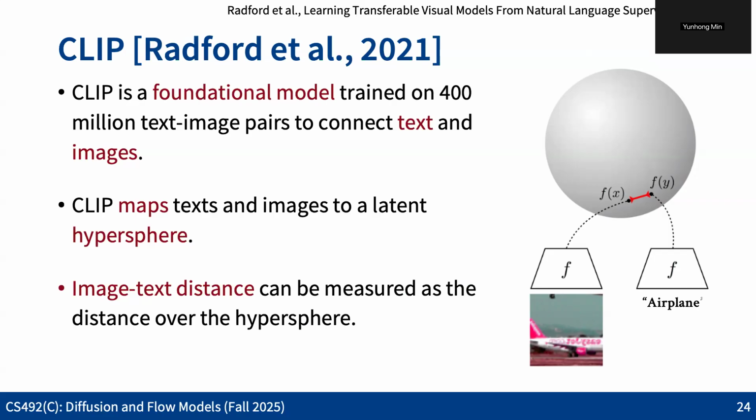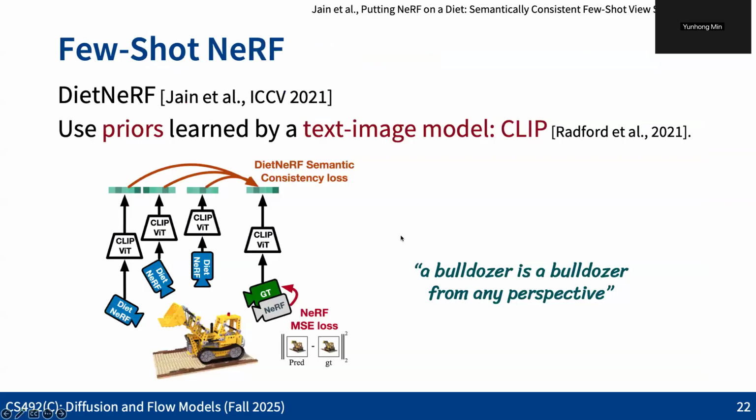Then how can we use this information to do few-shot reconstruction, reconstruction with a few images? This is all a very practical idea, no theory here. Let's see the example where we are reconstructing this bulldozer.